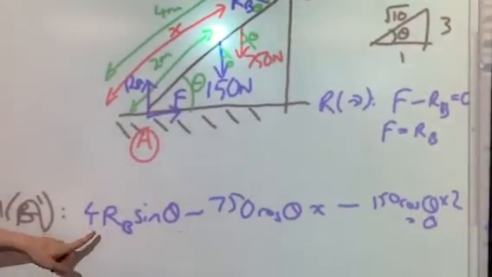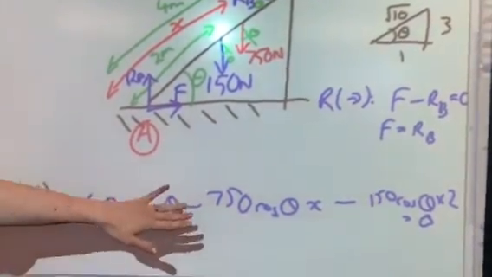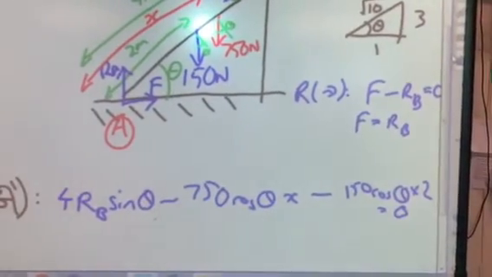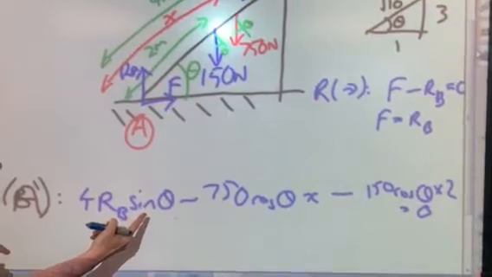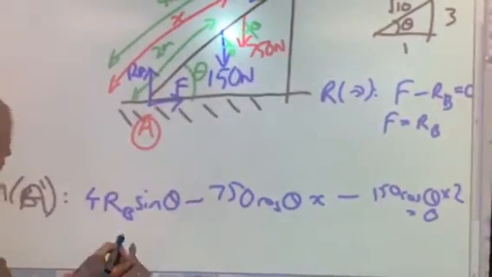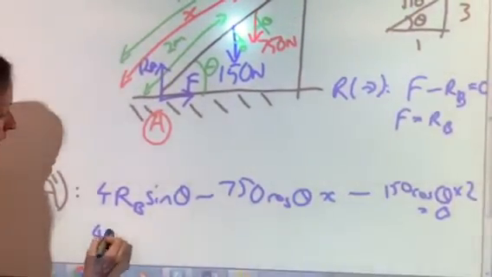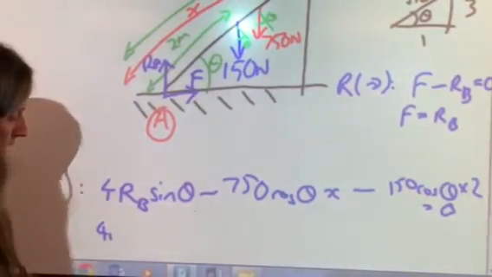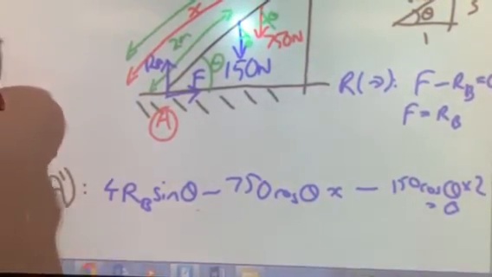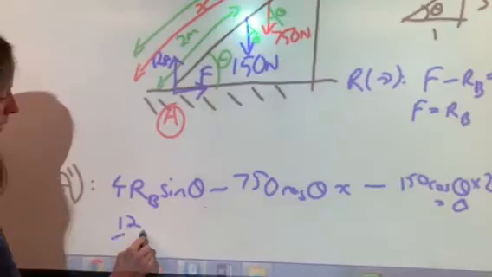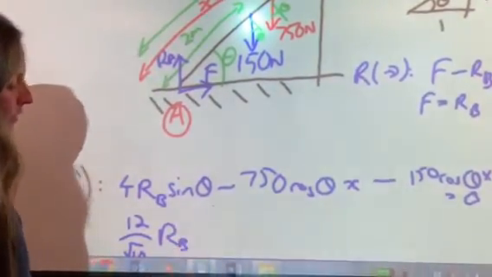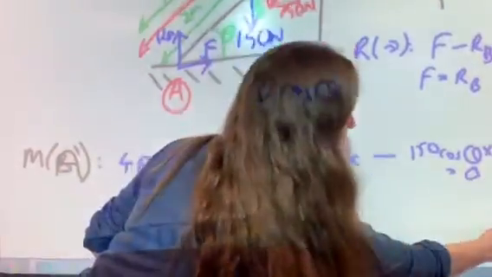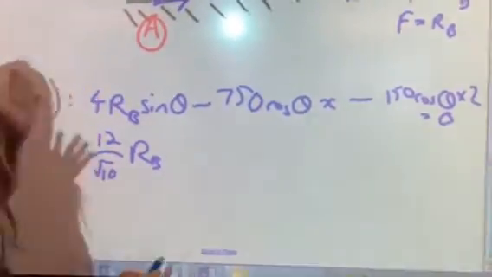Now we can substitute in our sine and cosine and do a bit of tidying up. Sine theta is going to be 3 over root 10. So we've got 4 times 3, which is 12, so 12 over root 10 RB.